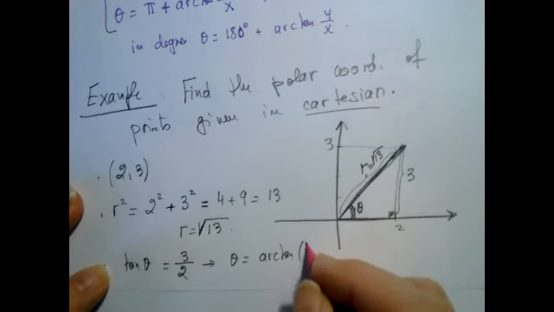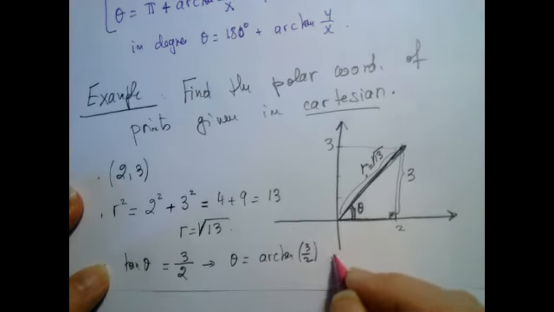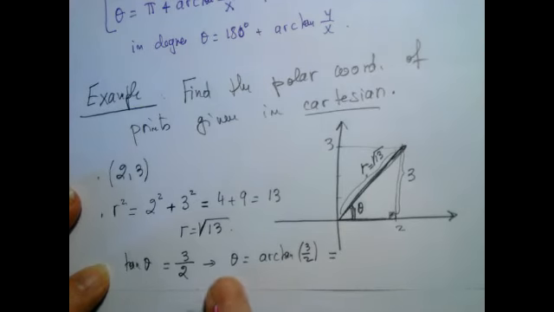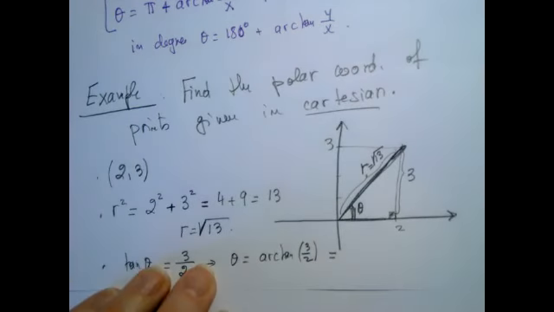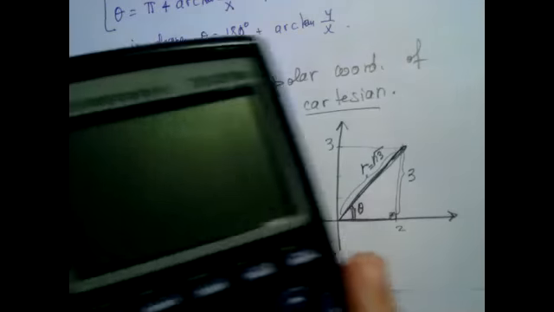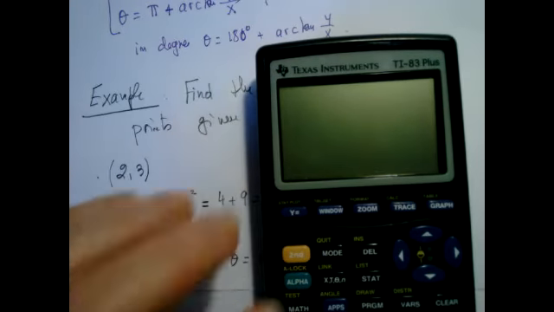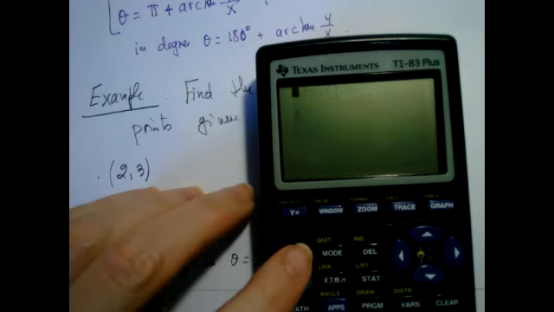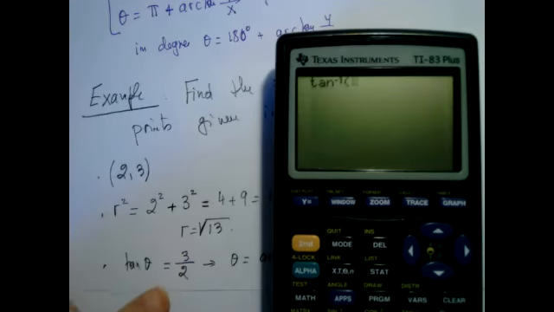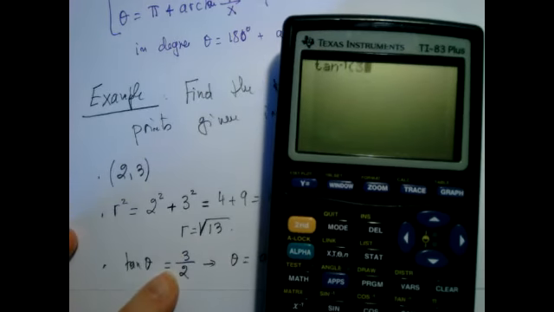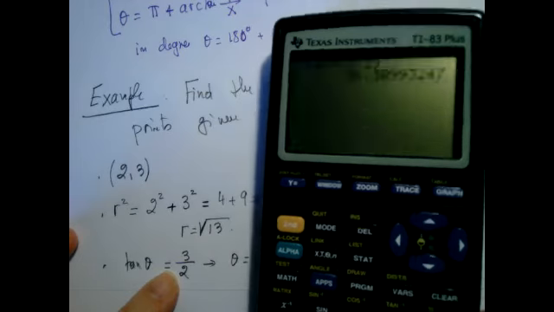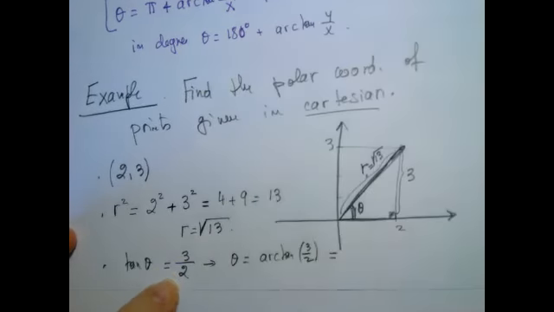It's the angle whose tangent is 3/2. Now, I don't know how much this is. And since our calculator now is in degrees, I'm going to stay in degrees. So I'm going to look for tangent inverse of 3/2. And it's giving me 56.3.